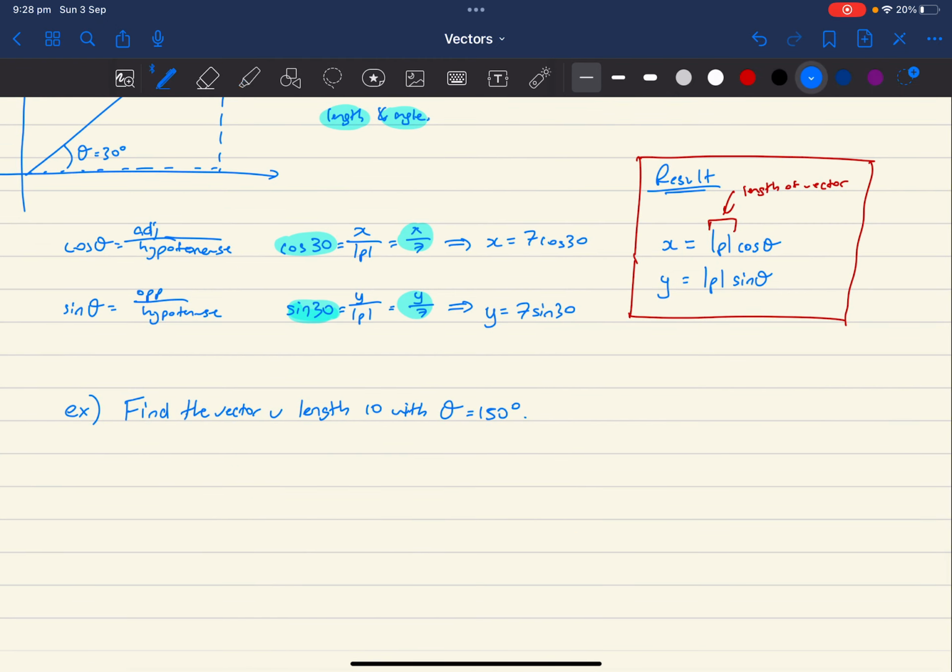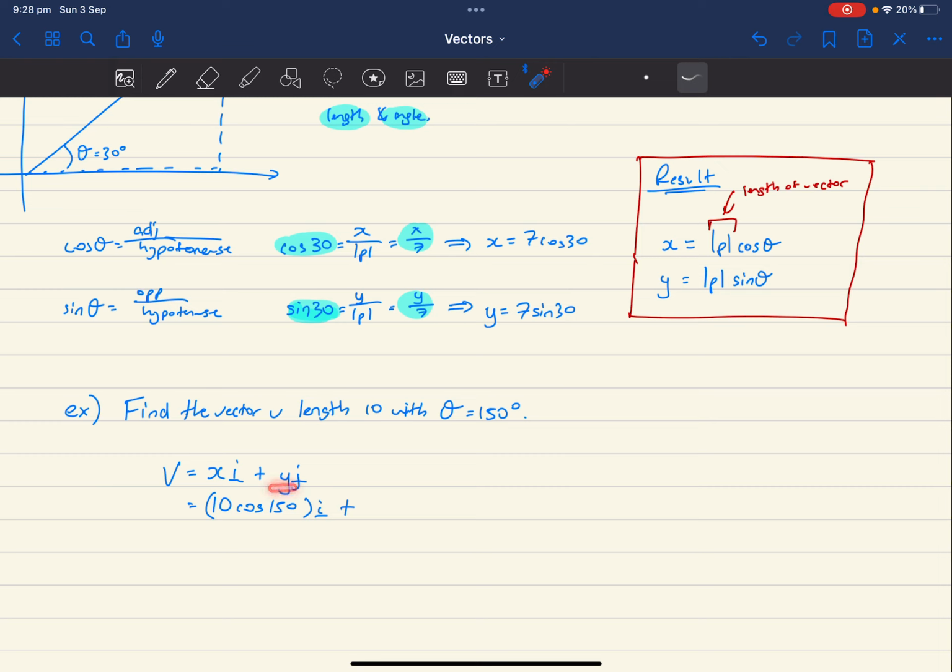So if I just simply use the result that I have here, remembering that in component notation, the vector is written as this, x i plus y j, right? So my x component I can see is the length times cos theta, right? So you have the length, which is 10, cos 150, and that is your i component, right? So how far it goes in the x direction.